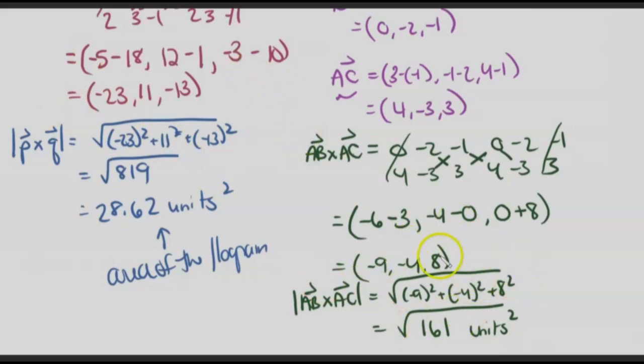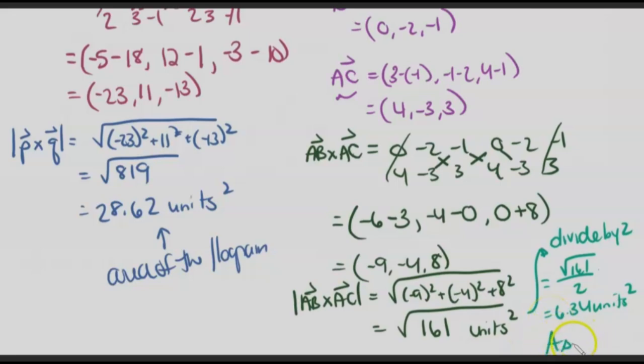Now, this is the area of the parallelogram, so we must divide by 2. So it's actually going to be root 161 over 2 units squared, or it's going to be 6.34 units squared, which is the area of the triangle ABC.